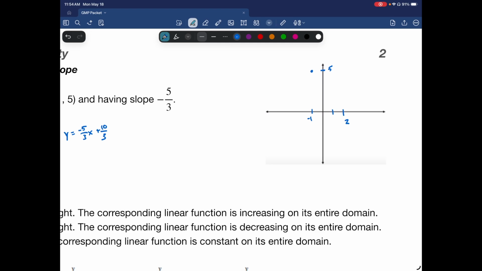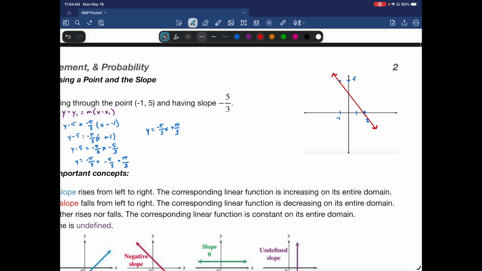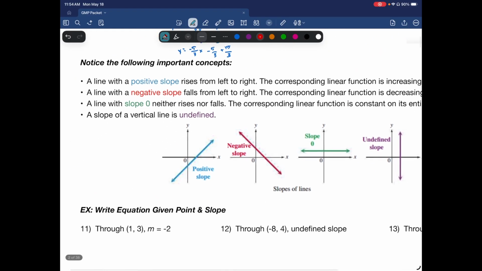So this would be my second point, and I can connect my dots there. So you've heard the phrase before, there's more than one way to skin a cat, and that's one of the things you can do here. We know that negative 1, 5 is a point on the graph, and then we can go from that point and use the slope, negative 5/3, to get to the second point. And once you have 2 points, you can draw your line.